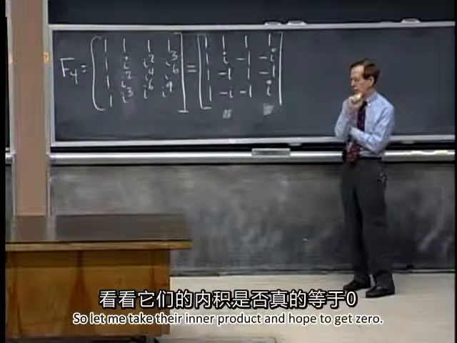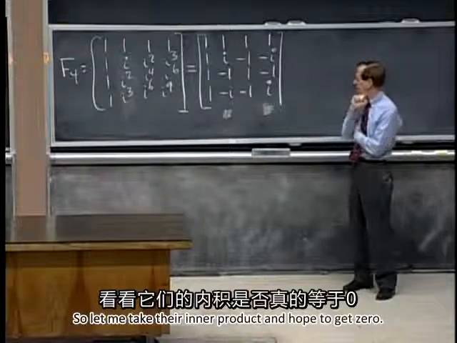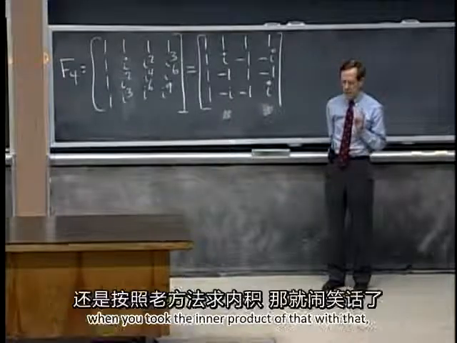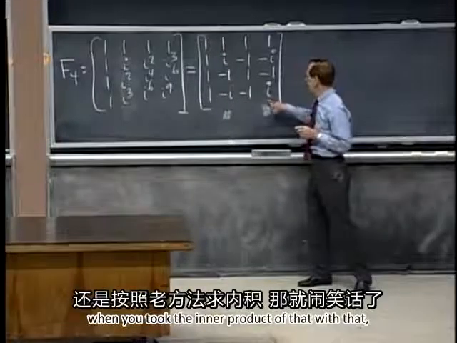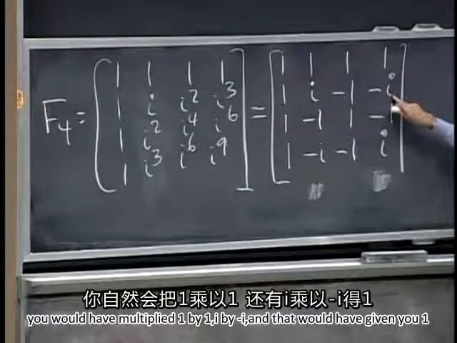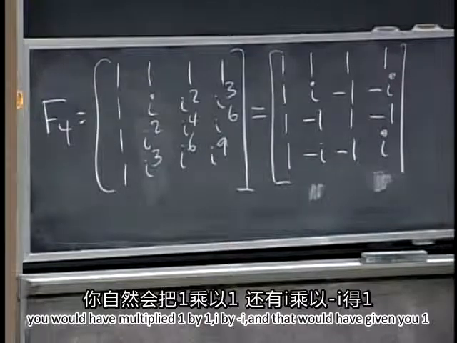So let me take their inner product and hope to get 0. Now if you hadn't listened to the first half of this lecture, when you took the inner product of that with that, you would have multiplied 1 by 1, 1 by minus i, and that would have given you 1.